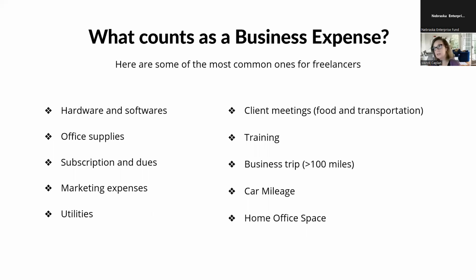They are business expenses. Subscriptions and dues. For our electrical business, you might belong to the Electrical Contractors Association and pay a due. Well, that due is a business expense. For my coach, if you subscribe to a coach's newsletter, that subscription is a business expense.